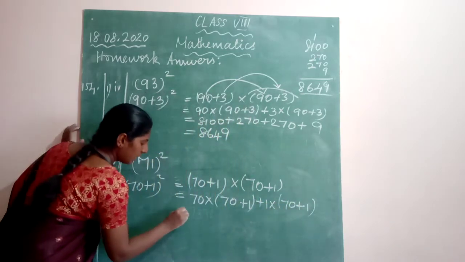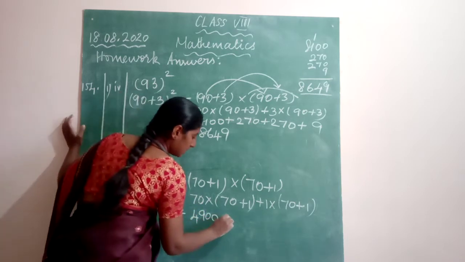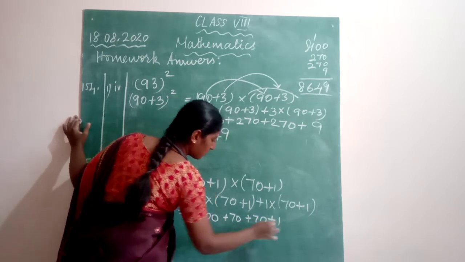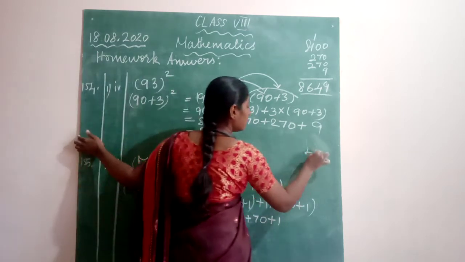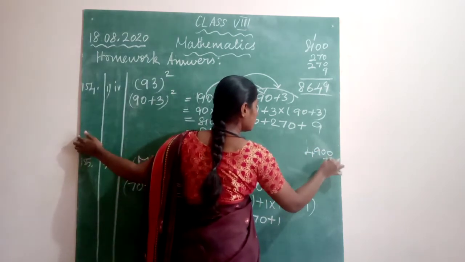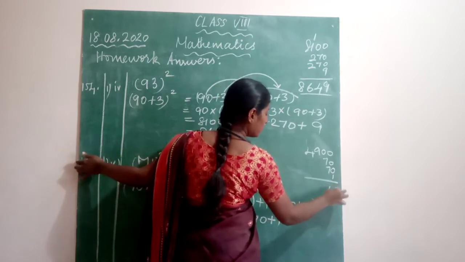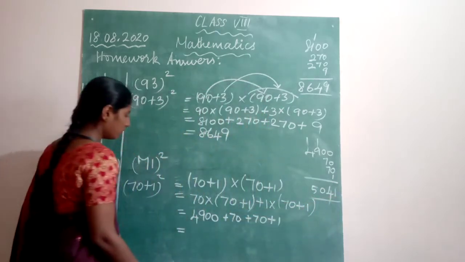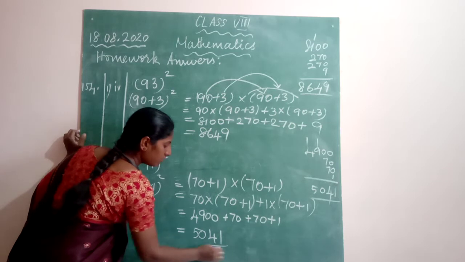So you will have 7 sevens are 49, double 0, plus 70, plus 70, plus 1. Okay, so what will be your answer? Look here, 4900, 70, 70, 1. So 1, 14, 0, 5, 5, 0, 4, 1. Is it clear? So this will be your final answer.